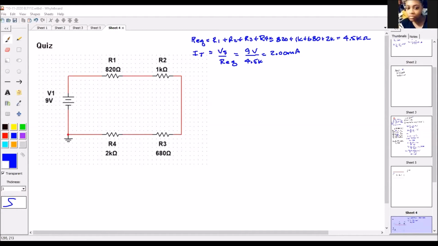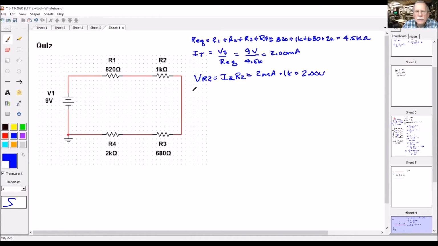All right, so I asked you to calculate REQ, calculate IT, calculate VR2 using Ohm's law. So VR2 using Ohm's law says that it's IT times R2. So that would be 2 milliamps times 1K is 2 volts.